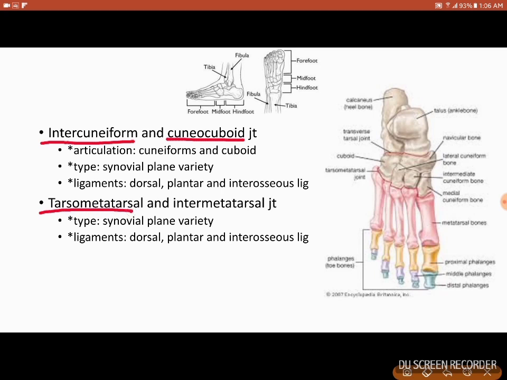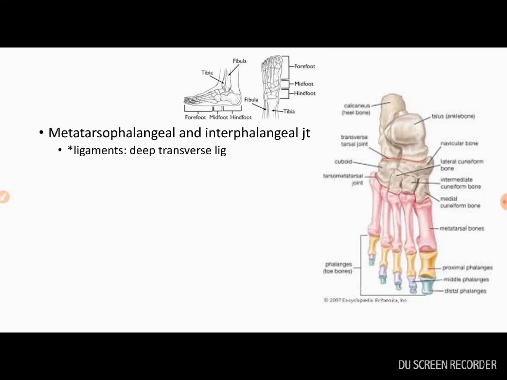Your tarso-metatarsal joint and your intermetatarsal joint. Your metatarsophalangeal and your interphalangeal joints.